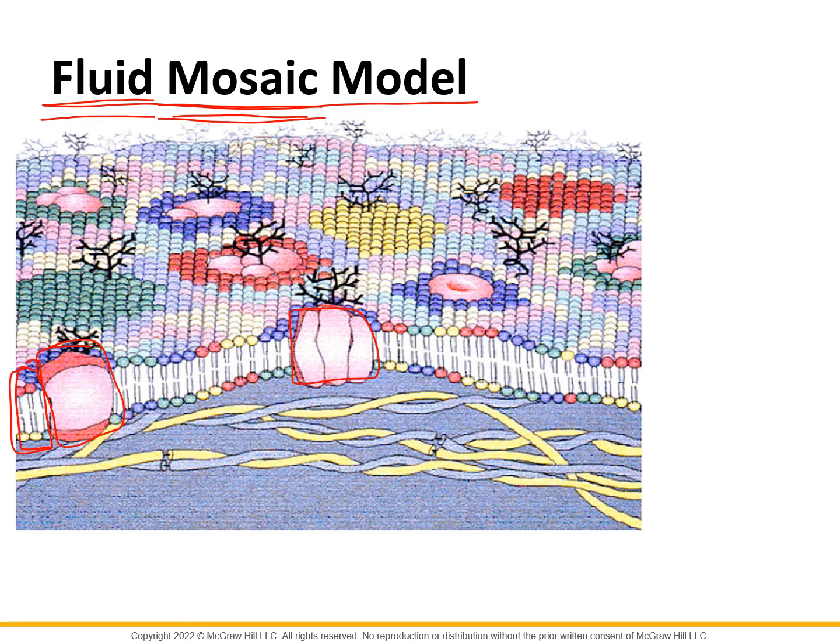Now, one idea that is a modification of the fluid mosaic model is called lipid rafts. And that idea is that not every individual molecule is moving on its own, but you actually have groups of molecules that are moving together.